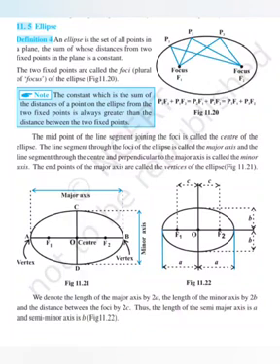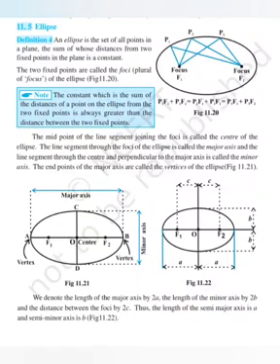Let the length of the major axis, that is the length of AB, be equal to 2a, and the length of the minor axis, that is the length of CD, be equal to 2b. Clearly, a is greater than b.